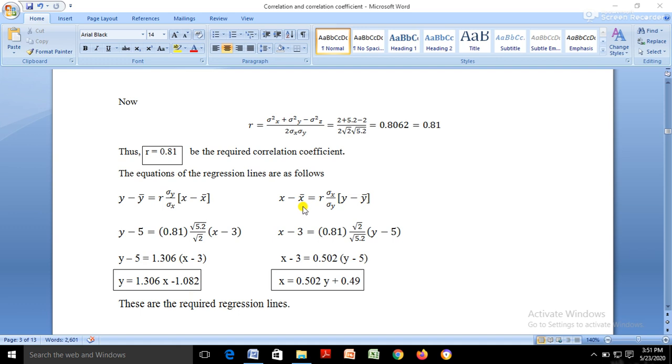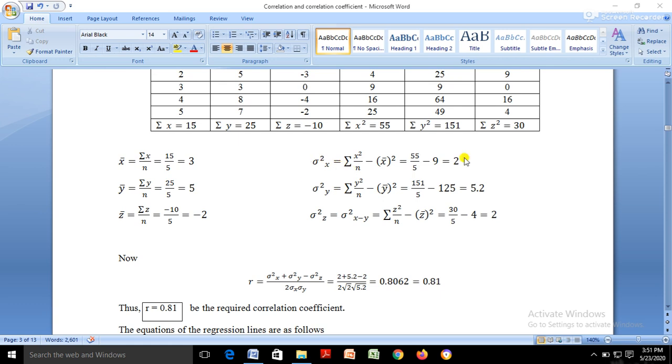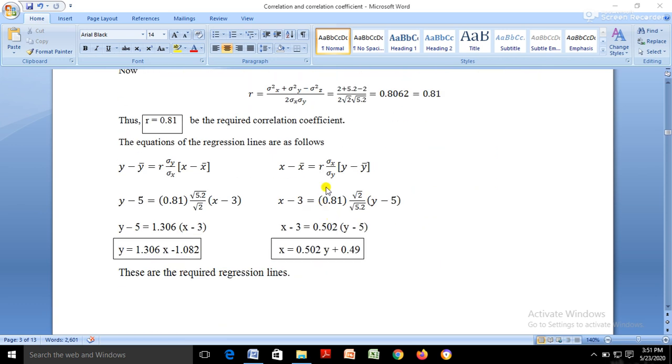Similarly for this, x minus x bar is equal to r into sigma x divided by sigma y into y minus y bar. So put here x bar value, y bar value, r value, sigma x, sigma y, we get x minus 3 is equal to 0.81, sigma x is root 2 because sigma square x is 2. Then sigma y is root of 5.2.